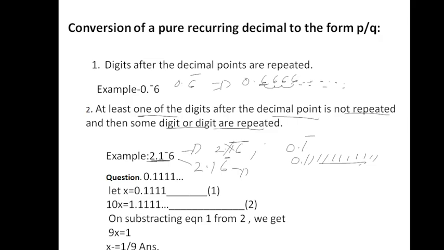So after the decimal, 1 is not repeated, and then 6 is repeated. Not all the digits after the decimal are repeated.